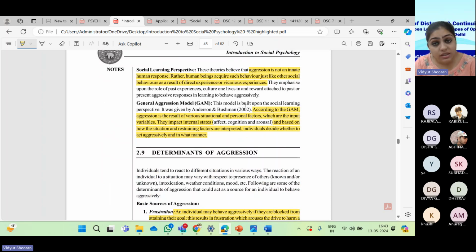It is also learned. If we see about the Bobo doll experiment conducted by Albert Bandura, that experiment proves that we are observing and imitating others and then learning a certain behavior.